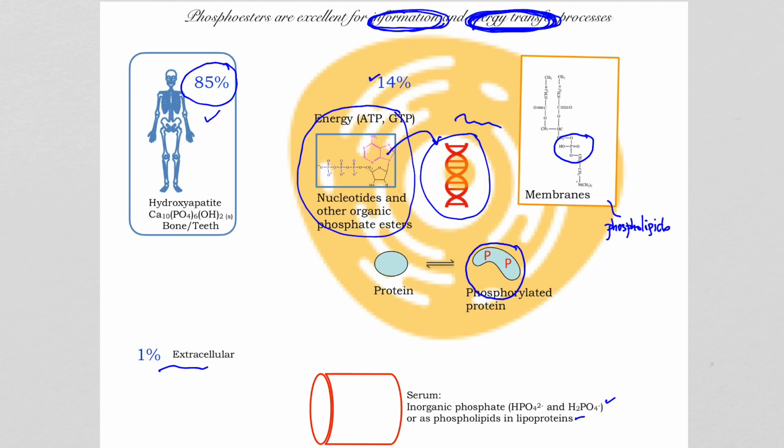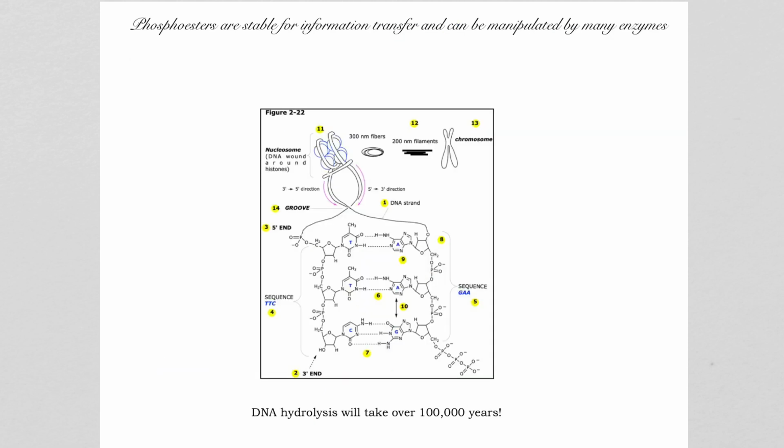So we have enzymes that can use these phosphate esters for energy transfer and can use these phosphate esters for information transfer. So probably one of the best information transfer that we all heard of is our DNA.